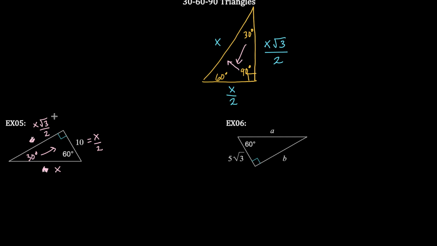Okay, so we have a lot going on here, right? But we know that this side is 10 and it is X over 2. So I'm going to put X over 2 is 10. All I got to do is multiply by 2. And I get X. I'm going to multiply both sides by 2.